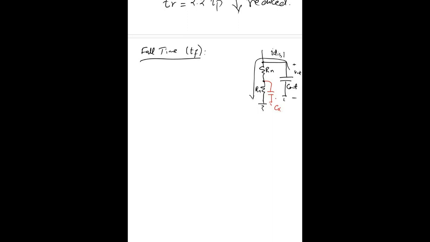This capacitor discharges through this path, from this node through this Rn. So we have two different currents, one known as I discharge 1 and one known as I discharge 2.